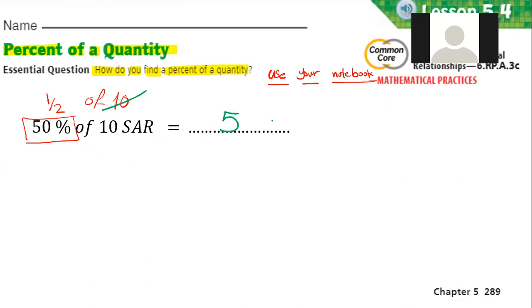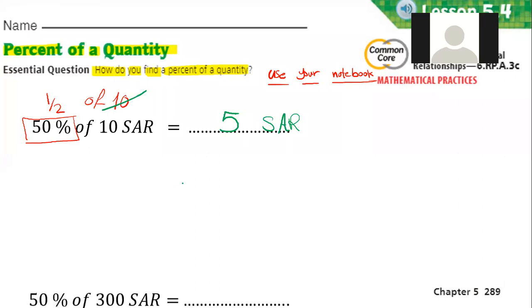So the answer is 5 riyals. Yes. This is the beginning, Muhammad. This is our warming up. To understand this lesson, you need to understand the beginning questions. Thank you, Muhammad.